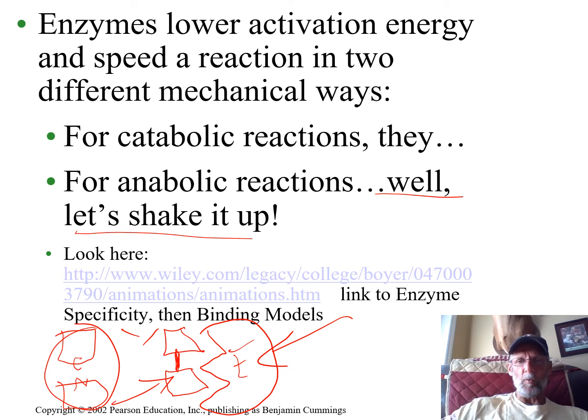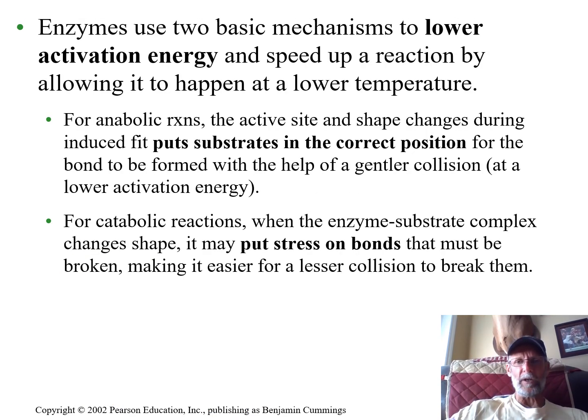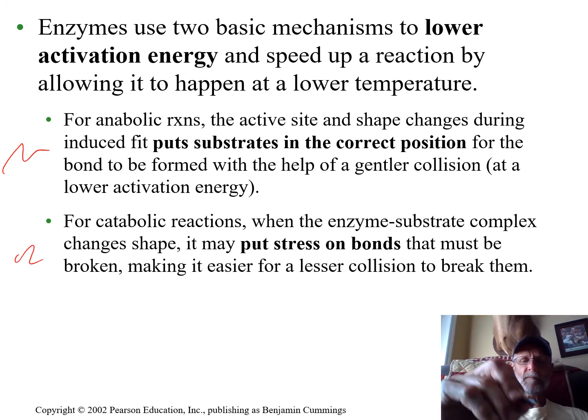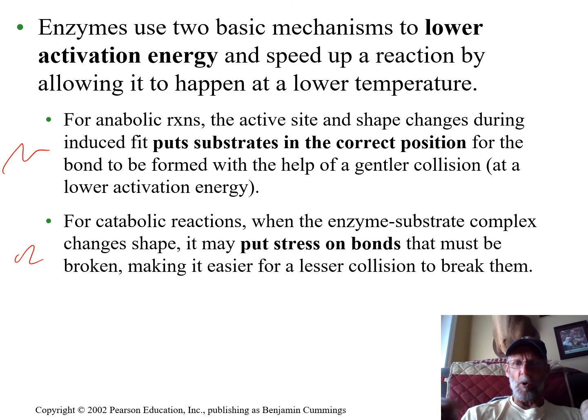So here it is in words. I'm just going to flash this up quickly. You can freeze it and stop it. I've said all these words. How do enzymes work mechanically? They always combine with their substrate in the enzyme's active site. But then what kind of reaction it is causes a little different mechanical event in terms of catabolic versus anabolic reactions.